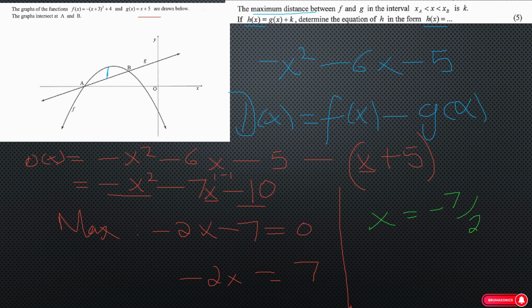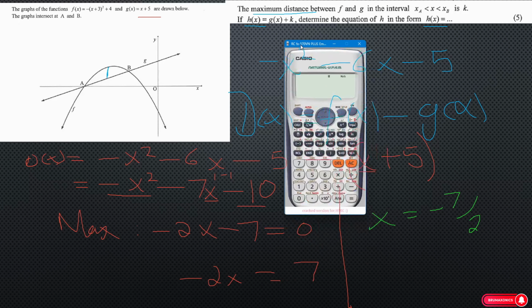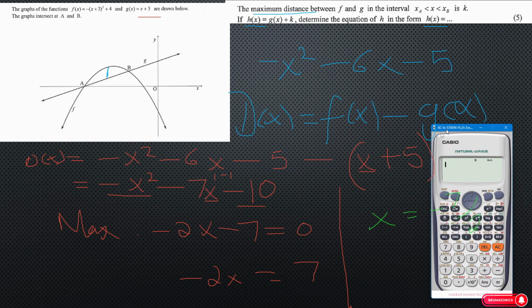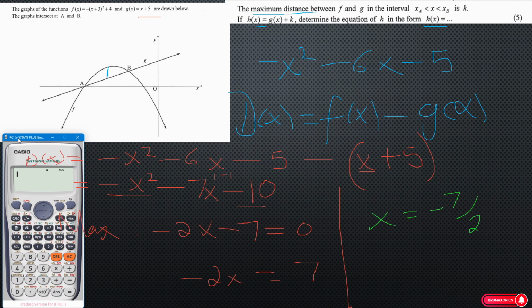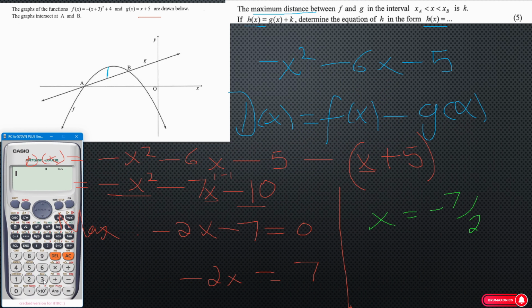and now we need to convert this into a number. You know that when you're using a calculator, you can write everything here. Let's say that you have negative 7 divided by 2. So this will be a fraction, but we need to know the real number, which is negative 3,5, right?